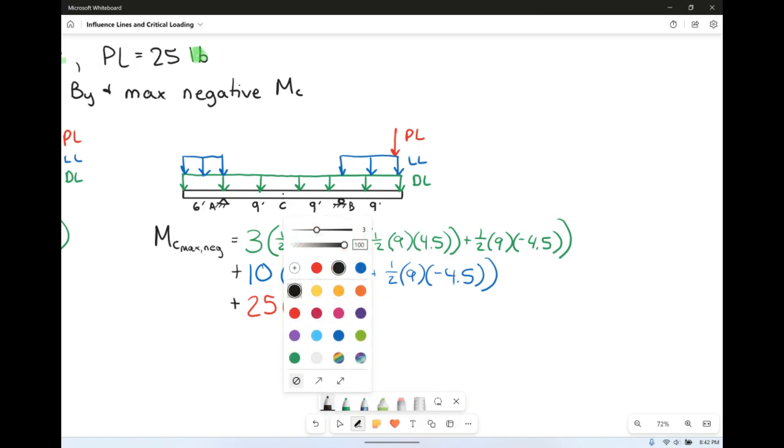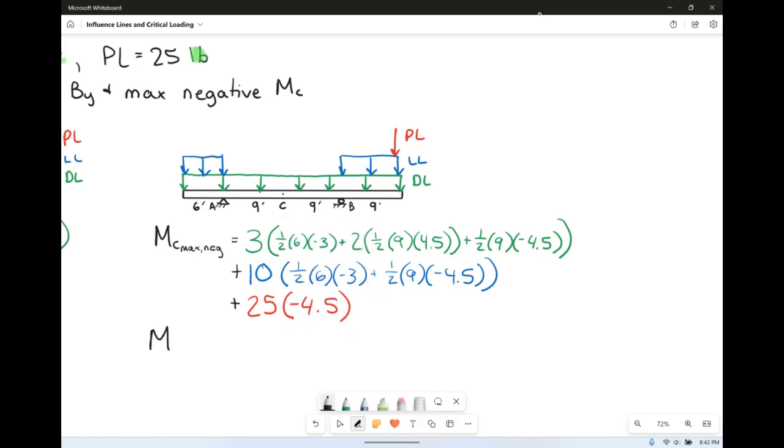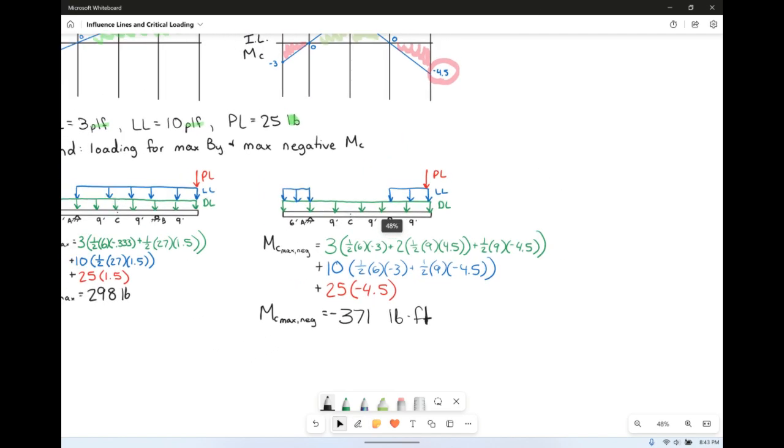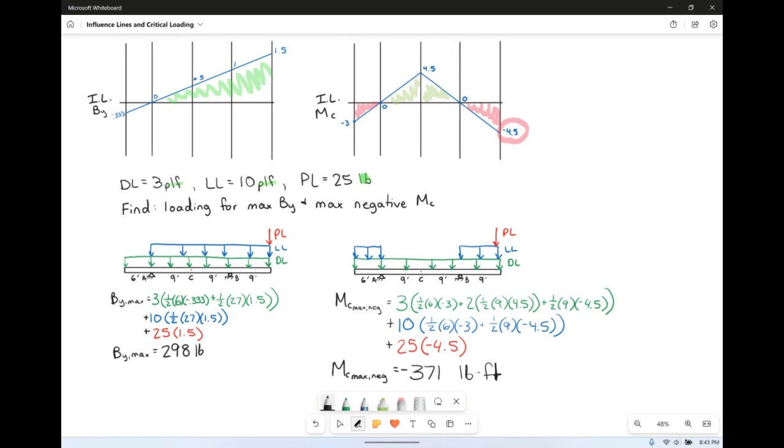So our maximum negative moment at C is going to be, I'm just giving you a value here, this maximum value is 371 pound-feet. I mean, technically it's negative, but the maximum value of it is 371 pound-feet. So that's all that there really is to critical loading.